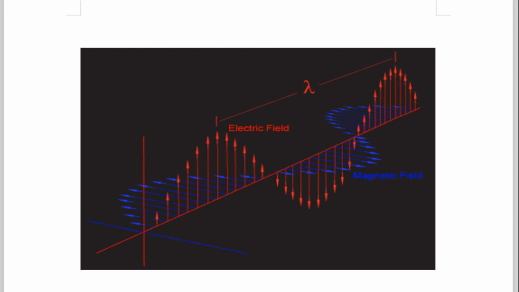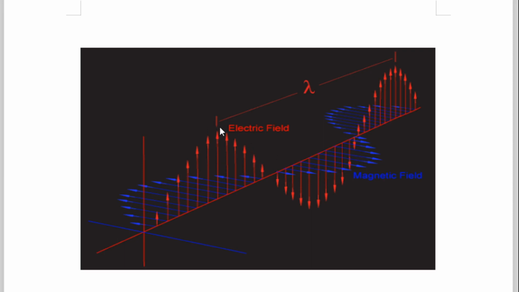Electromagnetic waves have an electrical signal varying with respect to time, as well as a magnetic signal varying with respect to time, and both are perpendicular to each other. That is the property of electromagnetic wave. The blue is your magnetic field, also varying continuously with respect to time, and it is perpendicular to the electric field.